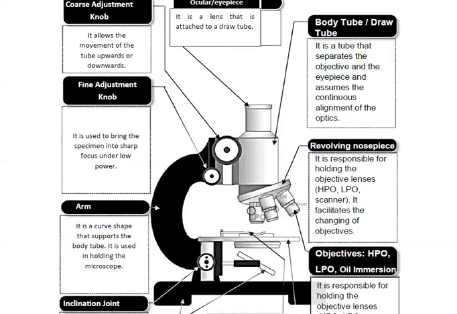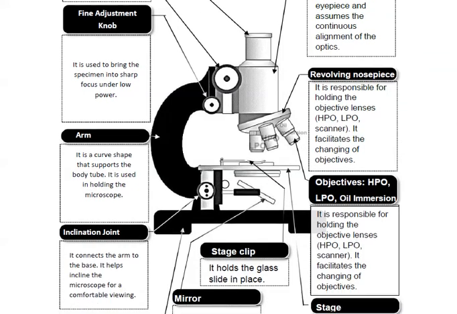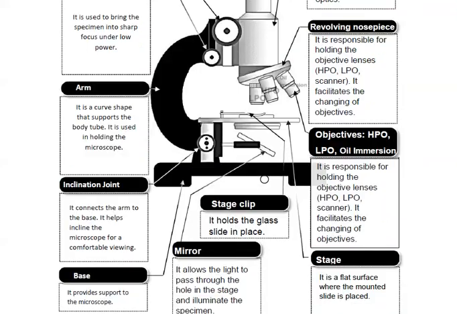For example, if it is on the low objective, you can rotate it to change to another objective, and then you can see it more clearly. The arm is here. This is the one that you use to hold the microscope. So the objectives are the lenses, so that you can see more clearly.